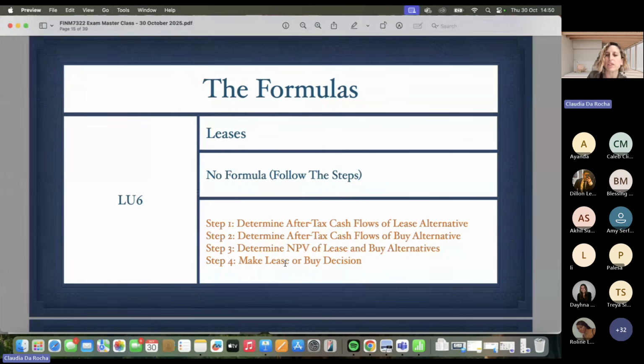Okay, so what is happening in this question? They're asking you to do step 2 for number 1. They've already done step 1 and part of step 3 where they calculate the NPV. That's in part 2. And so you need to then compare the two answers.